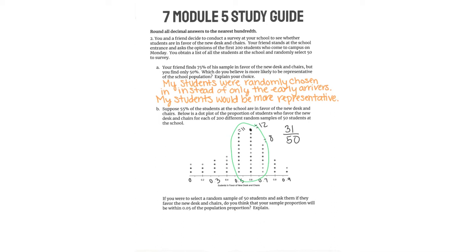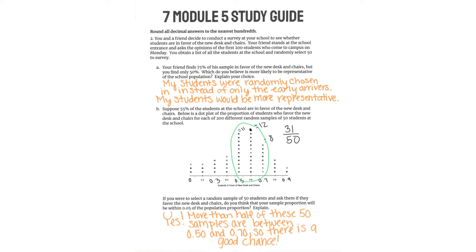So there is a good chance that 55% of these students would favor the new desk and chairs, and that's what we could use to support that. How would we write that? We would want to say yes. More than half of these 50 samples are between 5/10 and 7/10, so there is a good chance.